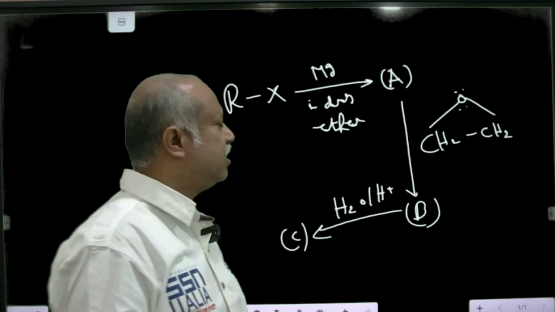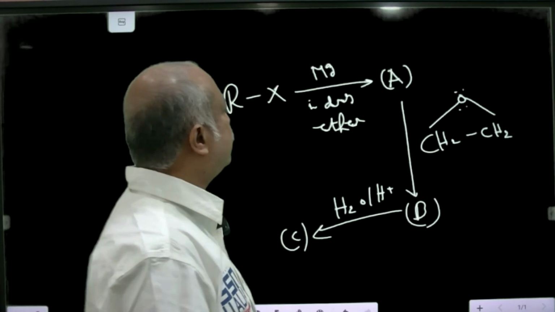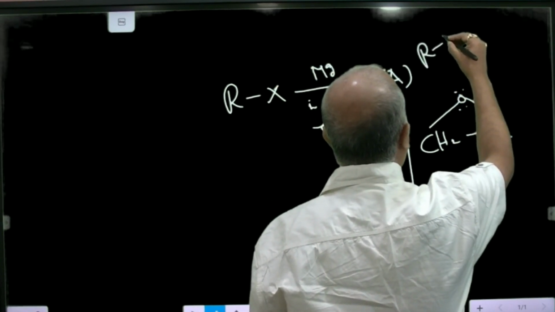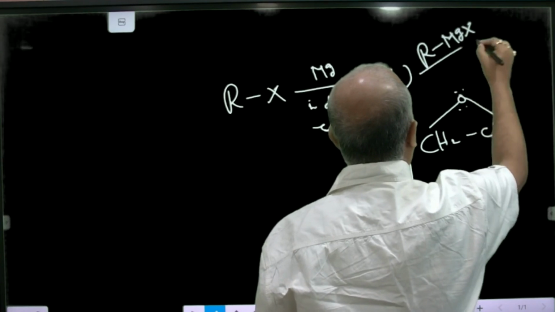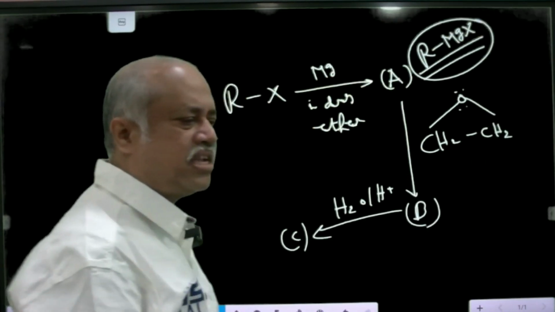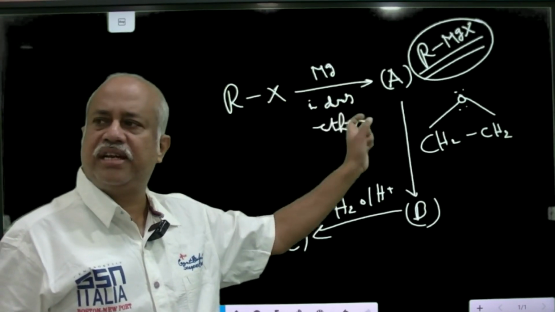Alkyl halide reacts with magnesium in dry ether. First, it will produce RMgX, that is called alkyl magnesium halide. First it will produce that Grignard reagent.